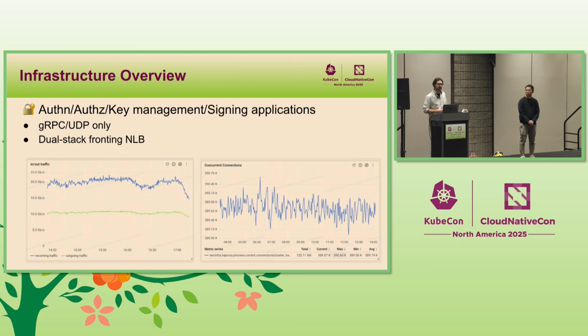It's a lot of gRPC, a lot of UDP-only workloads we're talking about here, and we usually front all those clusters with a dual-stack, IPv4 and IPv6, network load balancer.